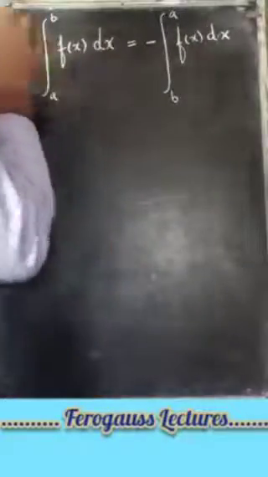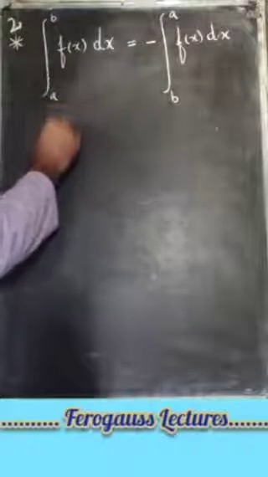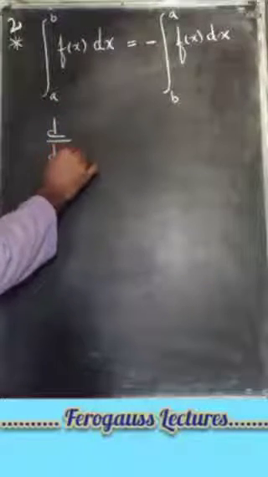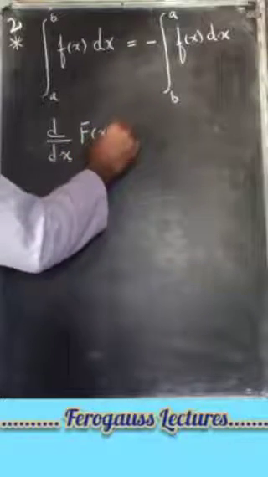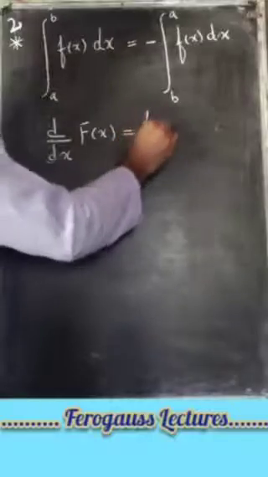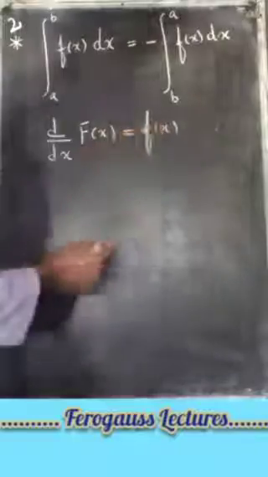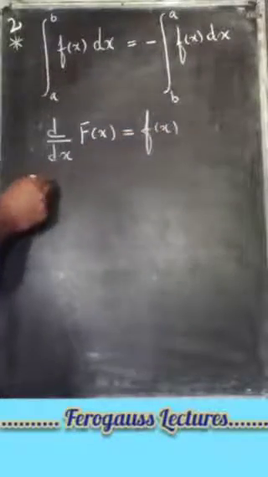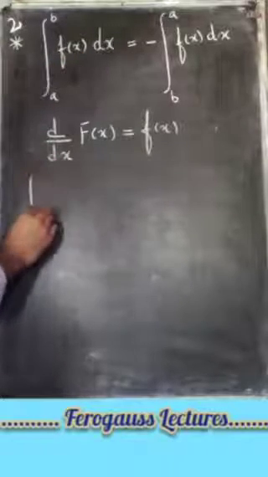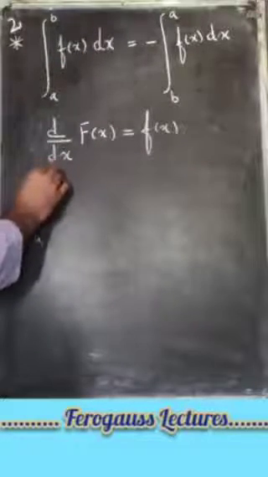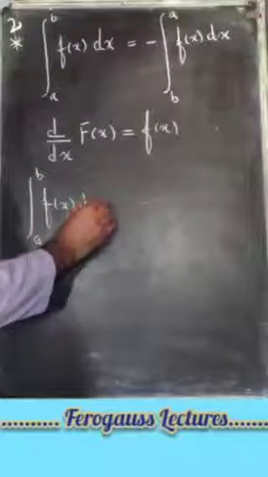Okay, now let us prove this result. For that, let derivative of capital F(x) be equal to small f(x), or we can say let capital F(x) be an antiderivative of small f(x). Now consider this integral, integral from a to b f(x) dx.